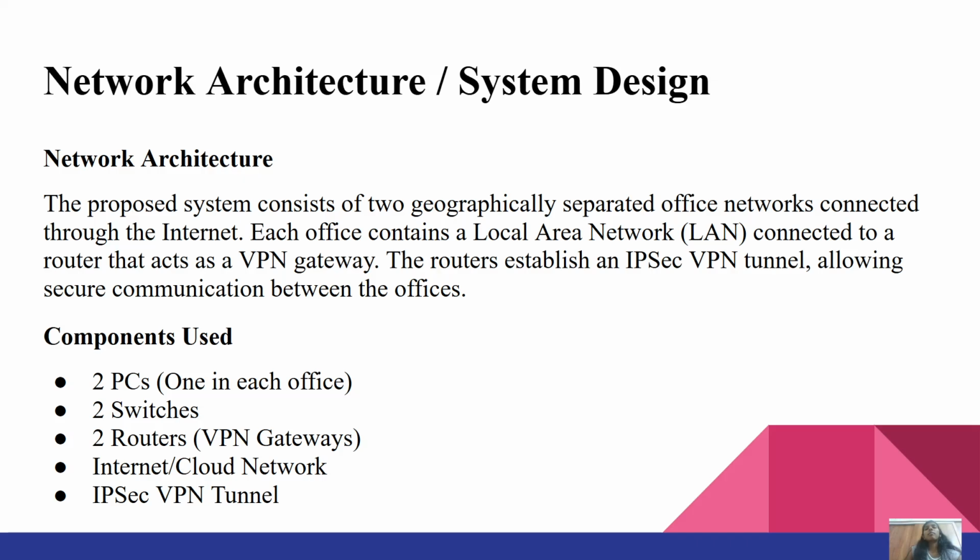These routers establish an IPsec VPN tunnel, allowing secure communication between the offices. Some of the components used are two PCs, one in each office, two switches, two routers as VPN gateways, internet or cloud network, and the IPsec VPN tunnel.